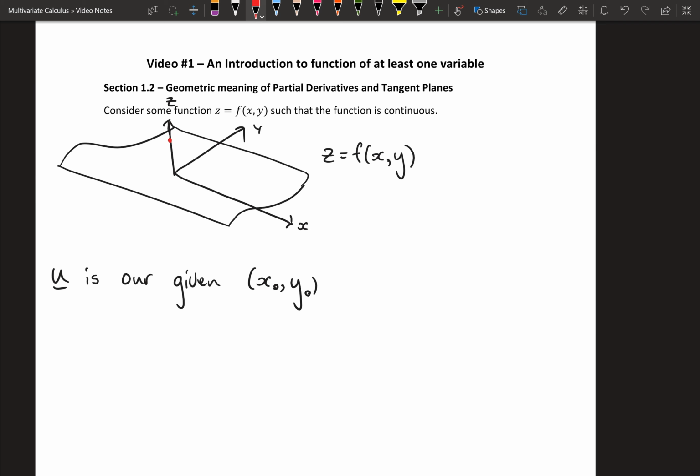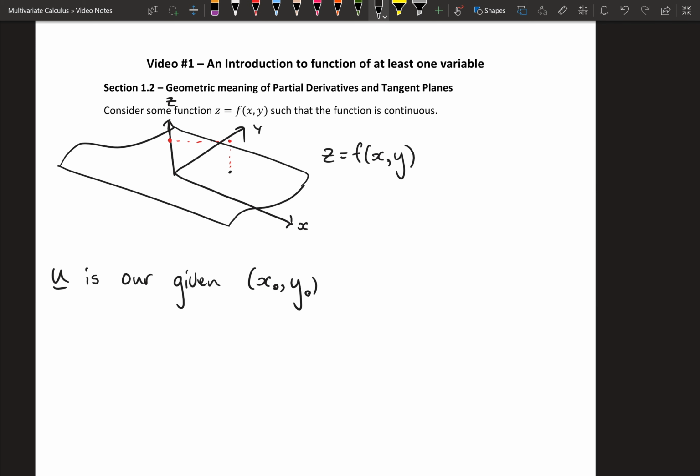That would be our height. And let's define x naught, y naught as about here. So we're translating to about here. That is our height, and we shift our coordinate system up to that height to find the tangent plane there.